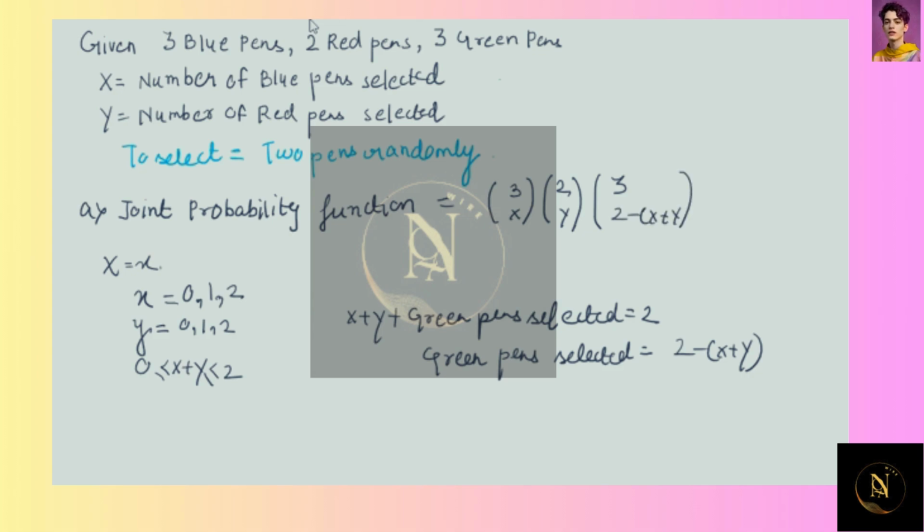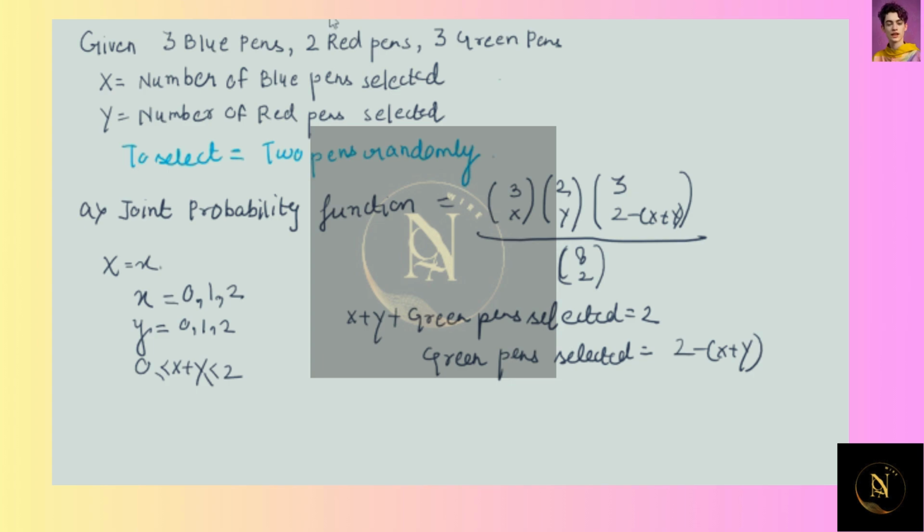Now we know that in probability, in the denominator we need to write the total cases. So our total cases would be 8c2. Why? Because we have a total of 8 pens and we need to select 2 pens out of them. So this would be our joint probability function, which is 3cx multiplied by 2cy multiplied by 3c(2 minus x plus y), divided by 8c2.